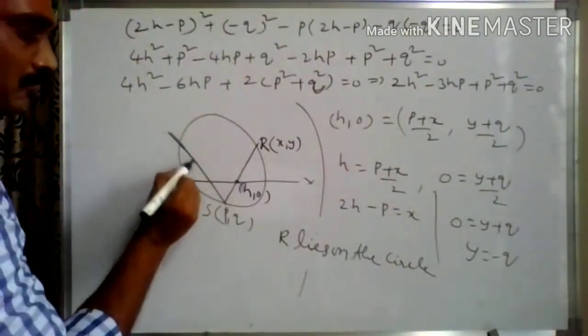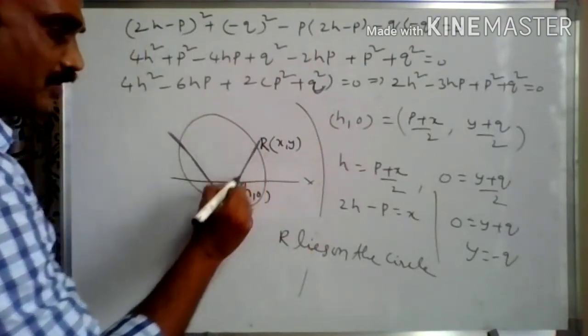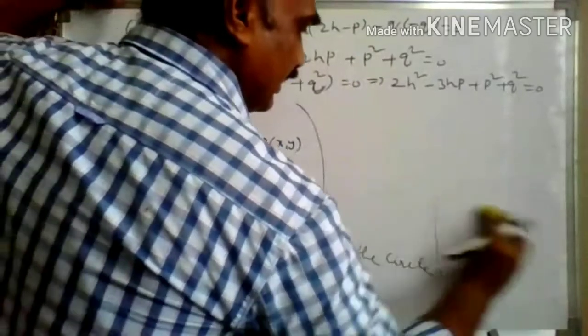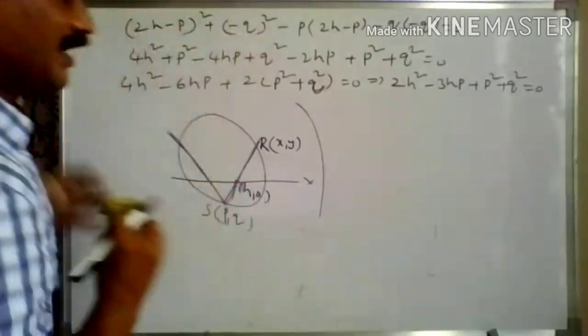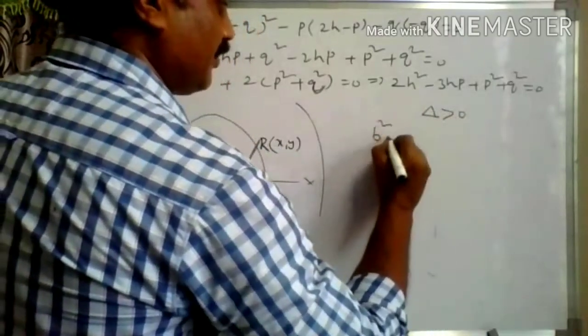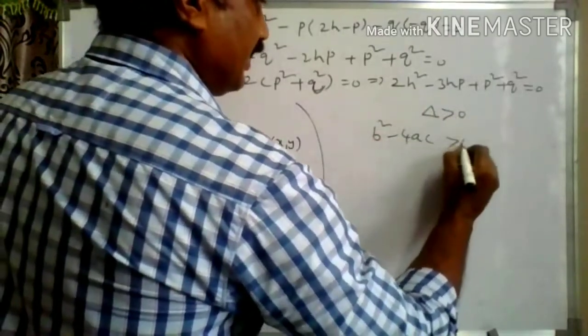Students, here the two chords are real and different, so the roots are real and different. Delta greater than 0, where delta is b² − 4ac > 0.